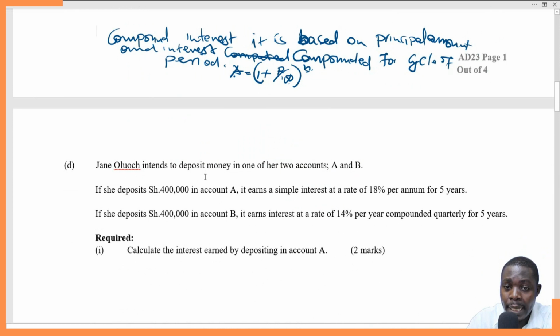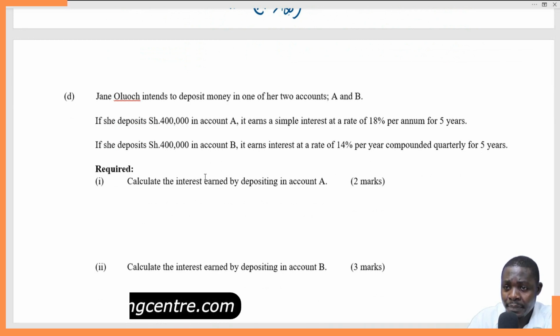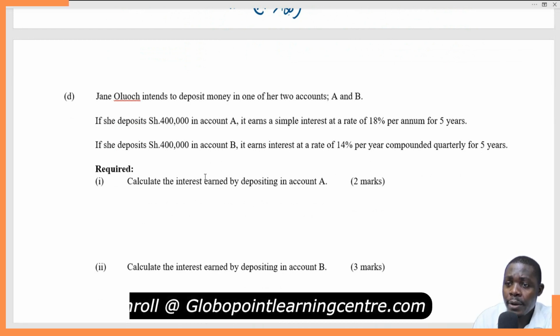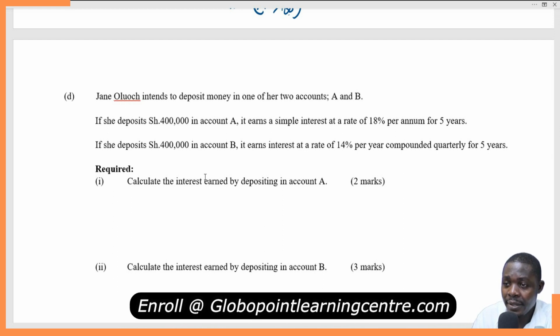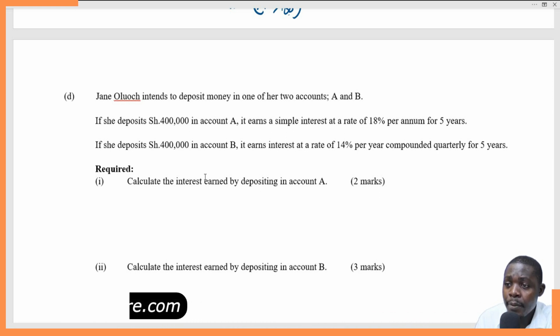Now we are meant to use these formulas for compound interest and simple interest in question D, which reads: Jane intends to deposit money in one of her two accounts, A and B. If she deposits 400,000 in account A, it earns a simple interest of 18% per annum for 5 years.